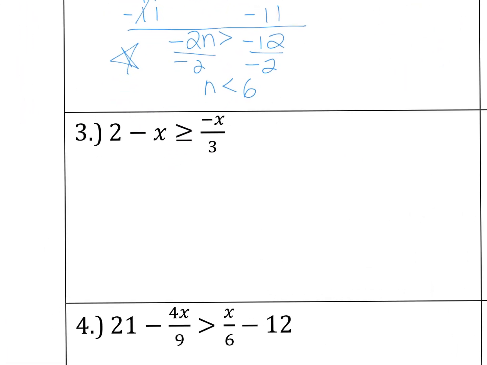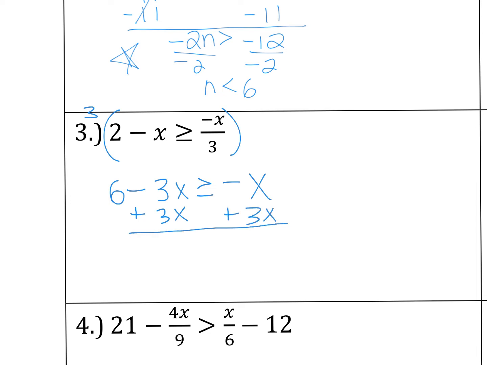So we're going to do just like equations, we're going to multiply everything by 3. So 6 minus 3x is greater than or equal to negative x. Okay, I'm going to add 3x to the other side. So 6 is greater than or equal to 2x. Now, I am dividing by 2, but here's the problem.